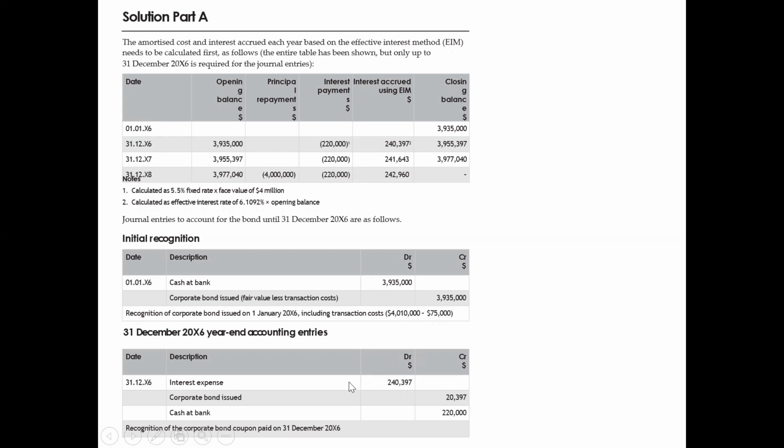Debit 240,397. We then credit the cash because that's how much we have actually paid out as a payment. The difference between the two goes into credit the corporate bond issued, because the debit amount here is higher.